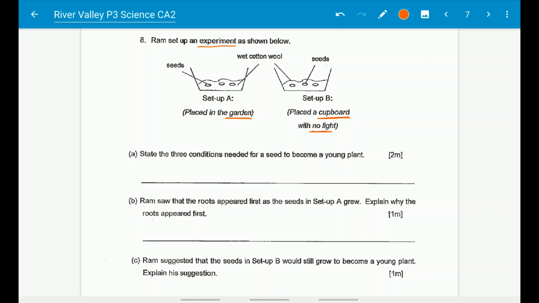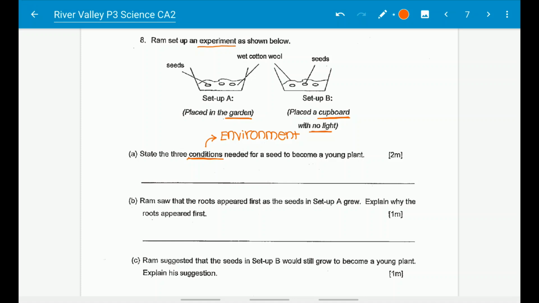So part A, state the 3 conditions needed for a seed to become a young plant. Okay, conditions mean the environment. Okay, what is needed in the seed's environment for it to become a young plant?